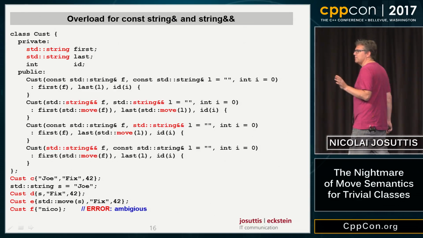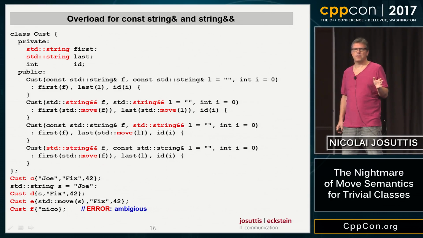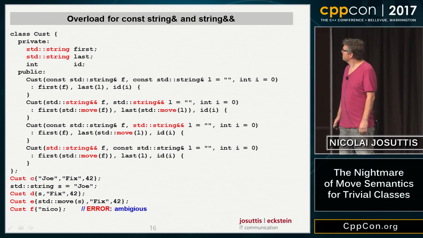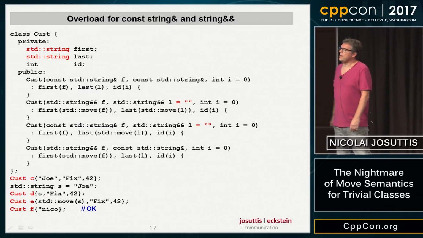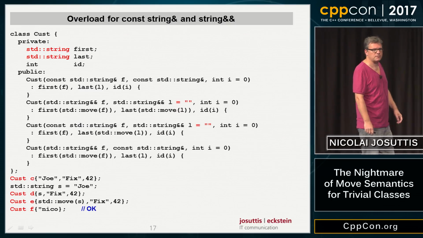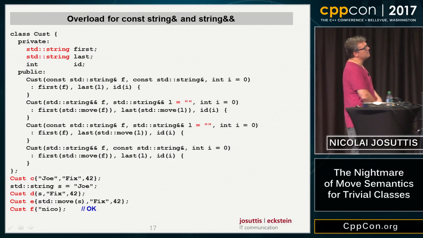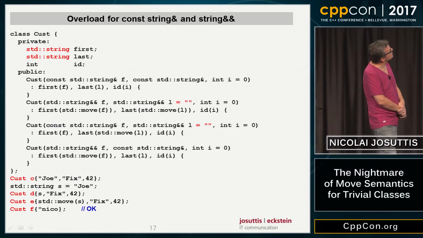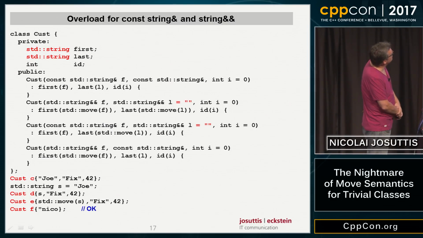Let's pass only 1 argument. It doesn't compile. You know why? We have too many default values in our constructors. We blindly copied all the defaults. And that means for customer F, we now have 2 matching constructors, which is the second and the last.